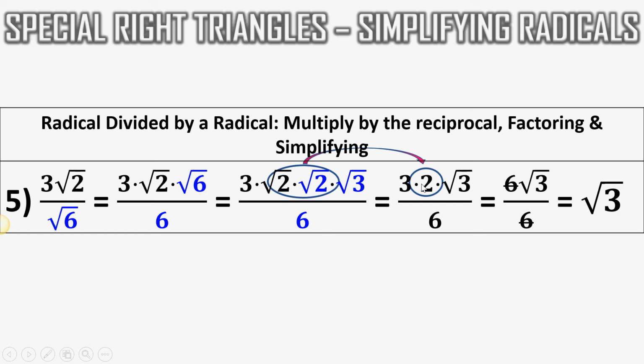Everything else stayed the same. So now I'll simplify. The 3 and the 2 is 6. In the denominator is 6. The radical 3 stays. 6 divided by 6 reduces to a 1. And your final answer is radical 3.